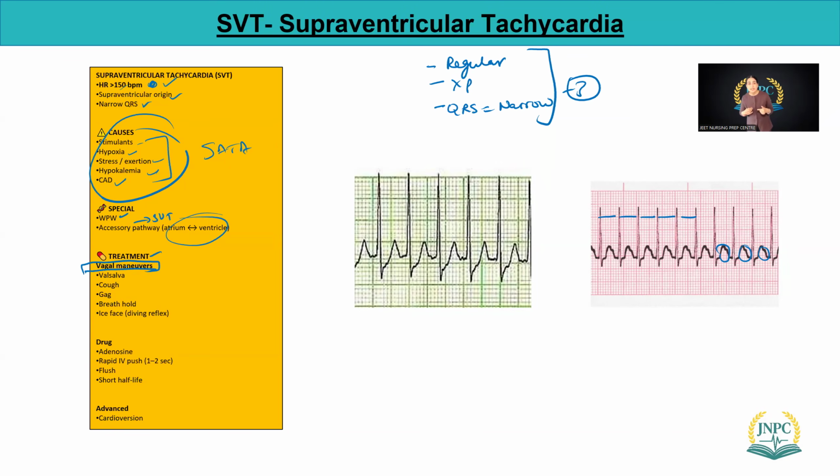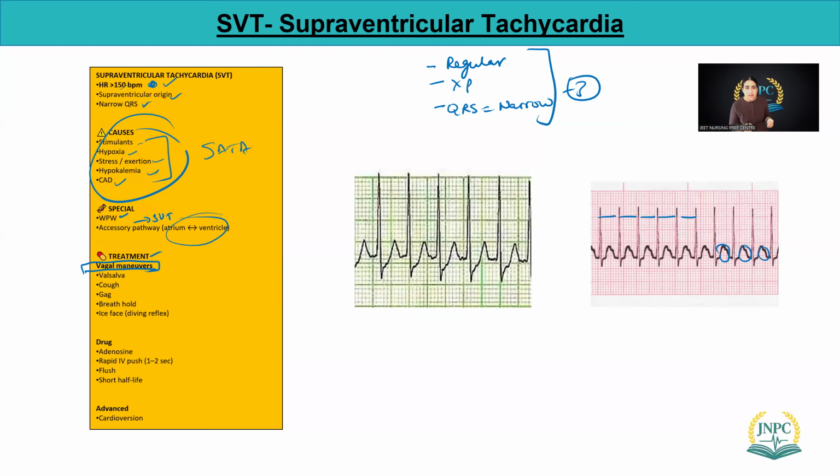The vagus nerve is the largest nerve in our body, right? It is going all the way from mouth to brain to the rectum. So if we stimulate that nerve, it can drop down that heart rate. Maybe you have experienced constipation in your life. Of course, everyone does. When you have constipation, you try to strain.